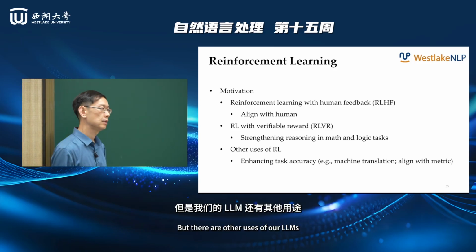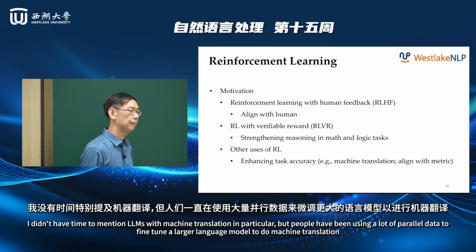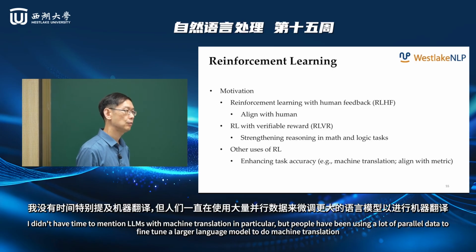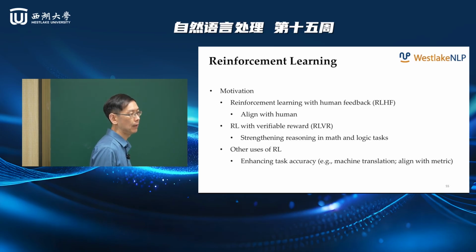But there are other uses of RL. I didn't have time to mention LLMs with machine translation in particular, but people have been using a lot of parallel data to fine-tune a larger language model to do machine translation.